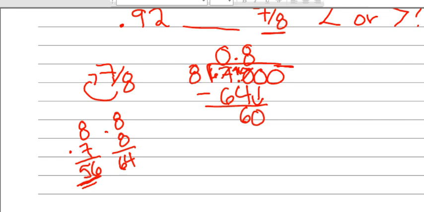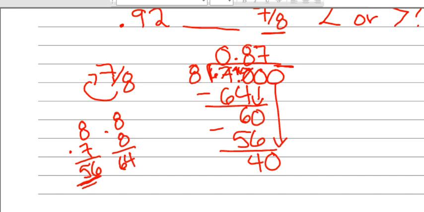So that's pretty close to 60. So 8 times 7 is 56. I'm going to subtract, what's 60 minus 56? It's just 4, and I needed that extra 0. So I did need my 3 zeros. So I'm going to bring that 0 down.